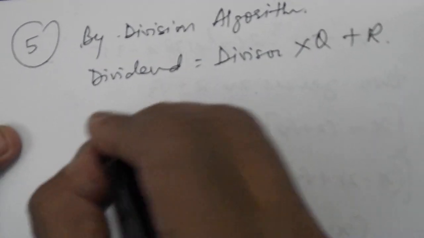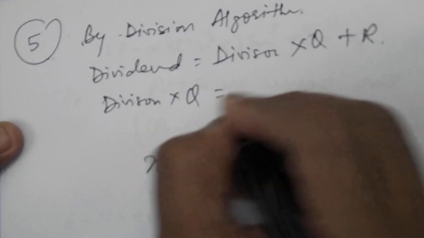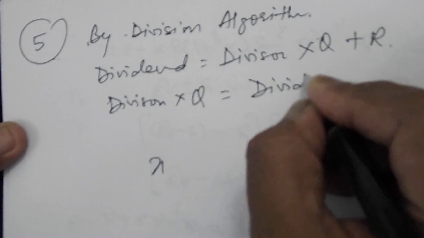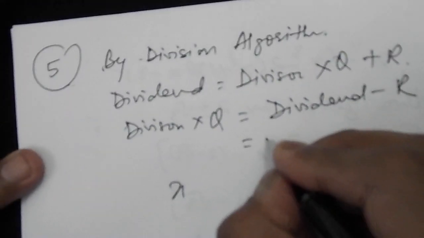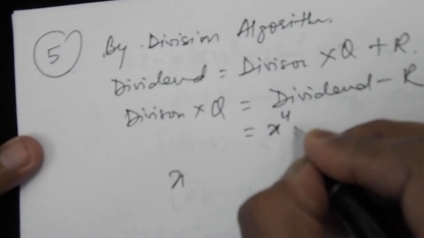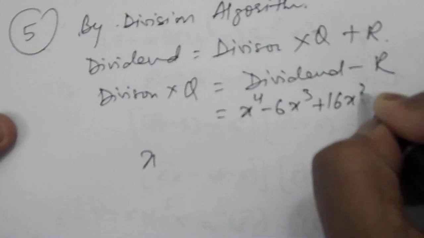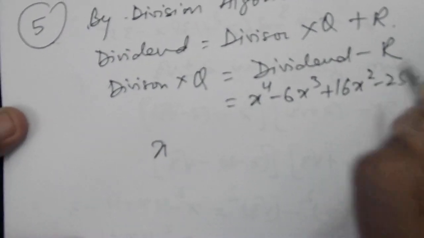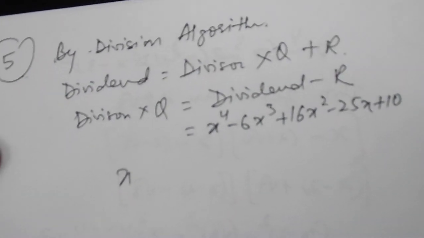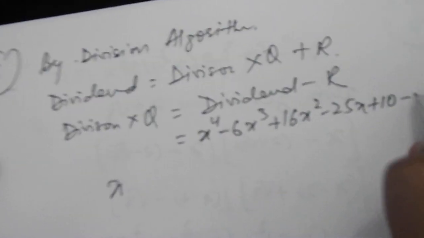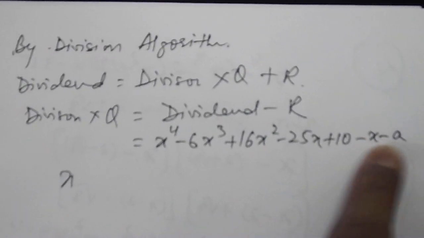So that means divisor into quotient is dividend minus the remainder. In this case, our dividend is x raised to the power 4 minus 6x cube plus 16x square minus 25x plus 10. From this we subtract the remainder x plus a, so that will be minus x minus a. This remainder we have subtracted.